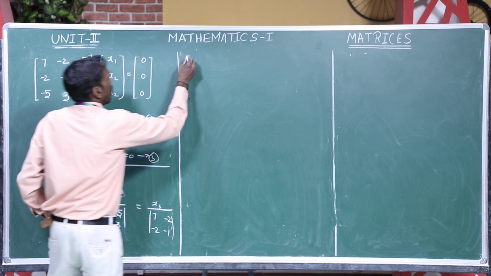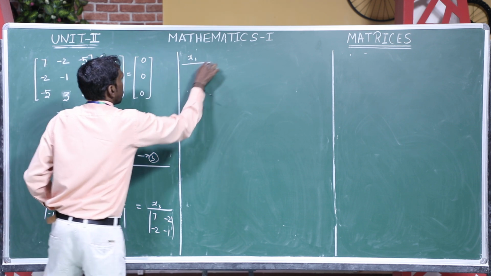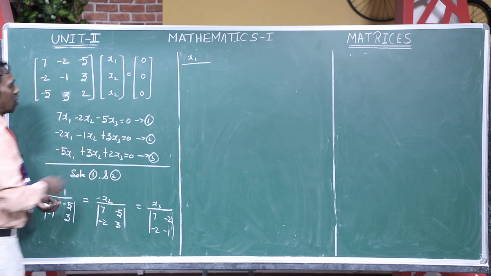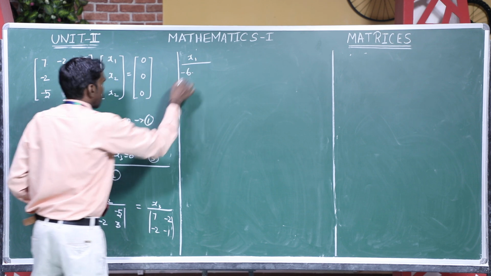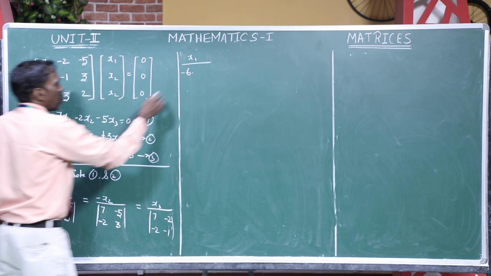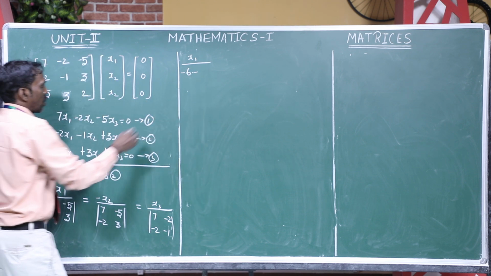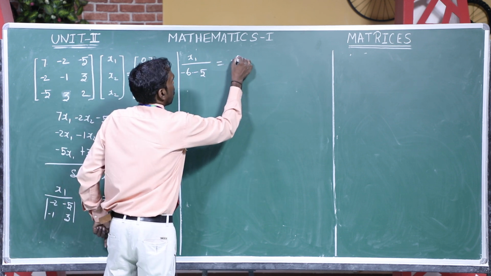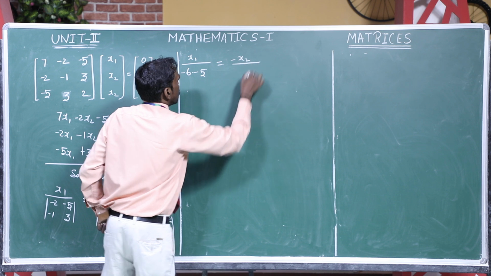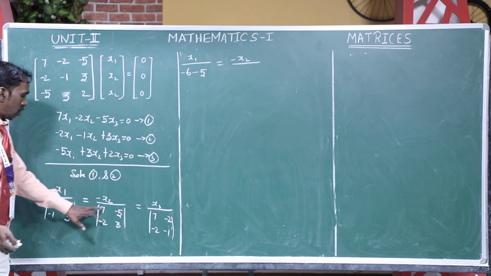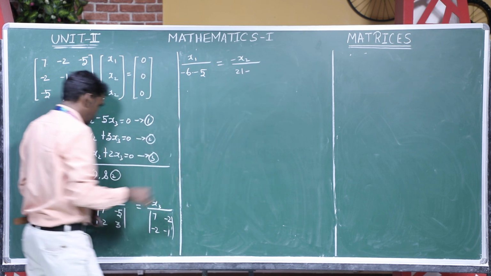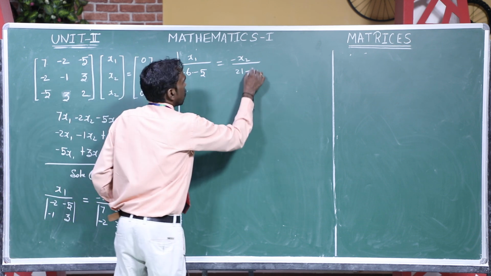So therefore x1 by, you have to simplify this. 2 3s are 6, so here minus 6. The next, minus 5 1s are minus 5. So this will be minus 6 minus 5. Here minus x2 divided by, 7 3s are 21, so 21 minus 5 2s are 10.